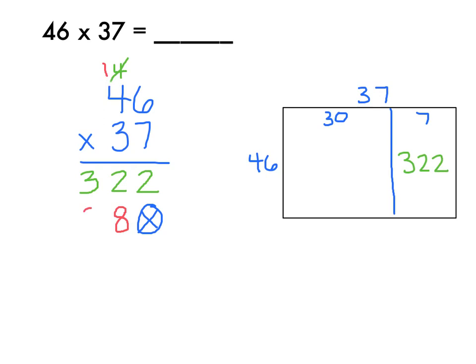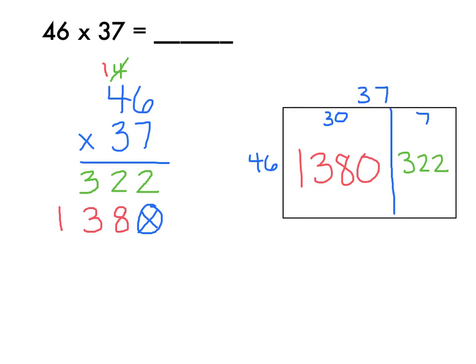So I'm going to put down the 3, and again, there's no hundreds place over here to carry over to, so the 1 is going to go in the thousands place over here in my answer. And what we just solved was that 46 times 30 is 1,380, which does make some sense because 46 times 3 would be 138, and 46 times 30 would be 10 times bigger than that.